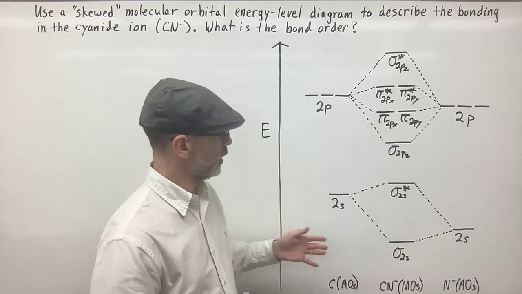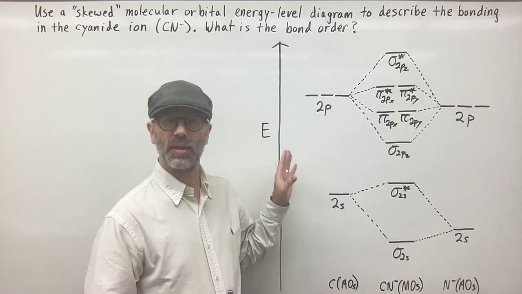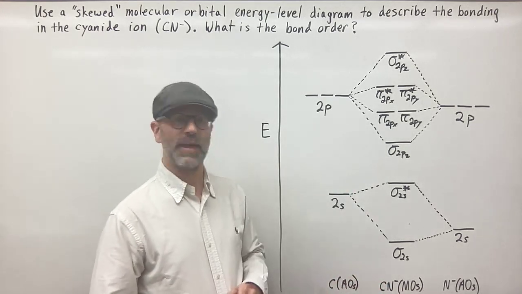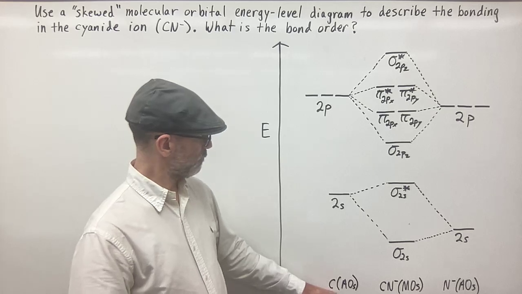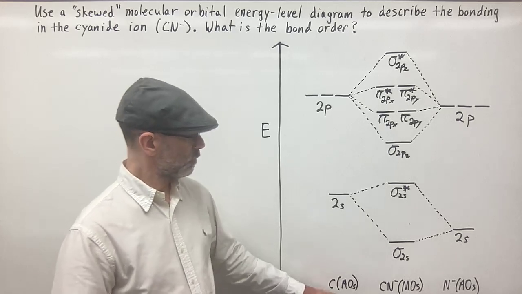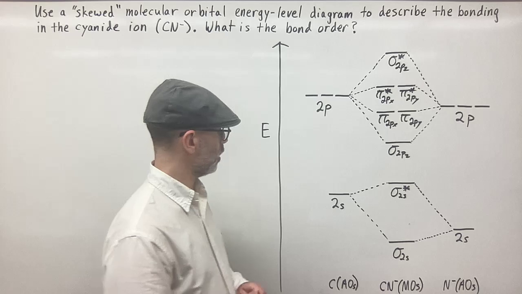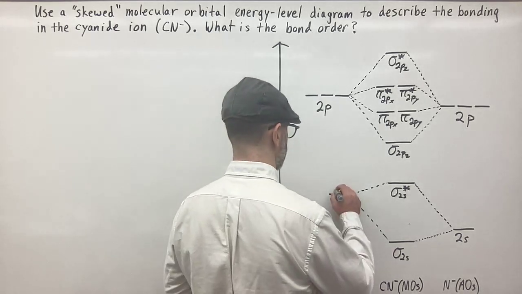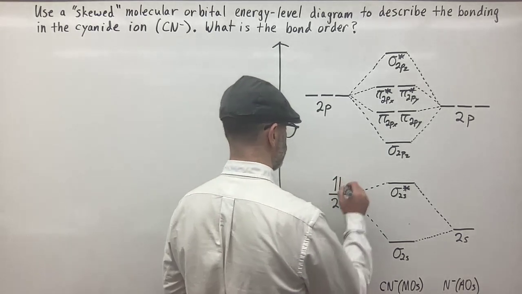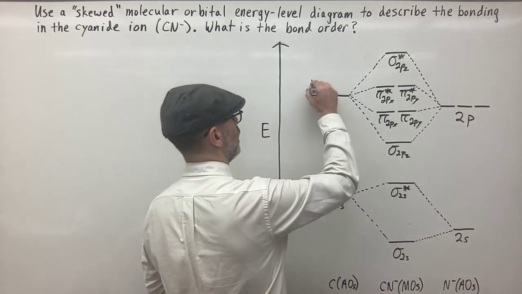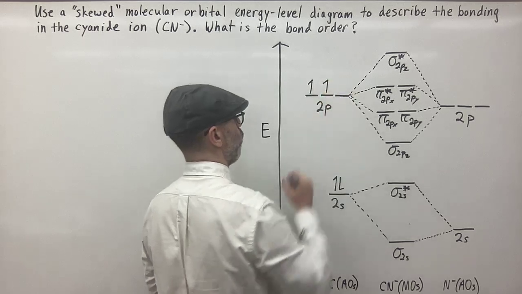So the first thing we want to do is fill up the diagram with the valence electrons. We have 4 valence electrons for the carbon because it's in group 4. So we'll put 1, 2, and then 3, 4.